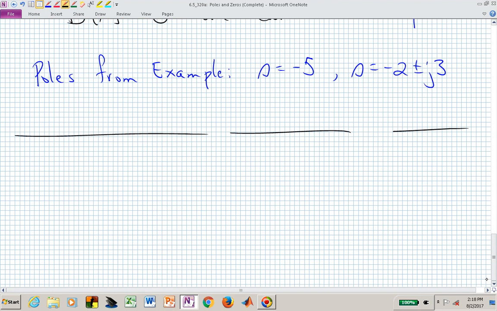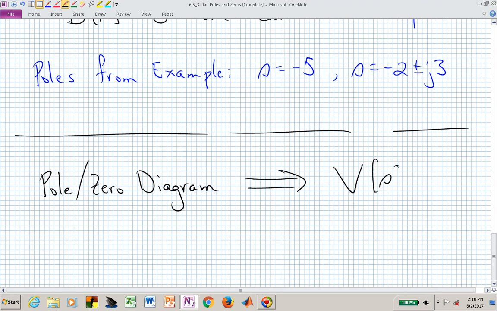So if I give you a pole zero diagram, you should be able to tell me what the transfer function poles and zeros are. If I give you a transform expression, you should be able to factor the numerator and denominator to provide the pole and zero locations associated with that system.